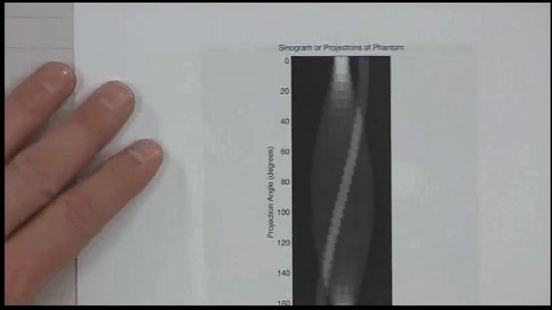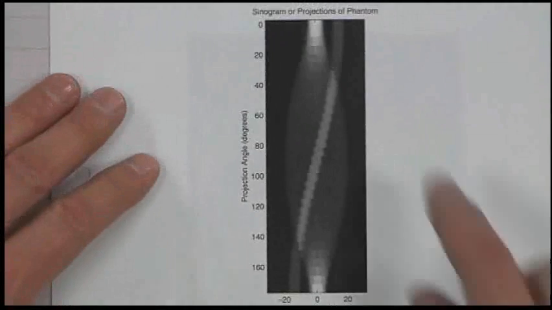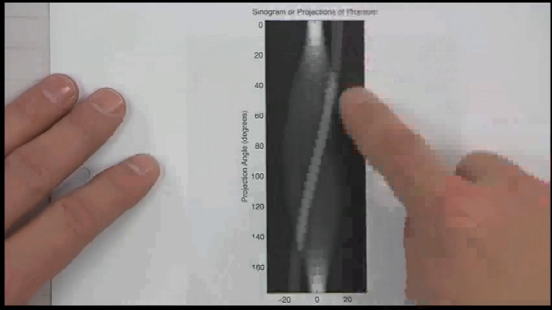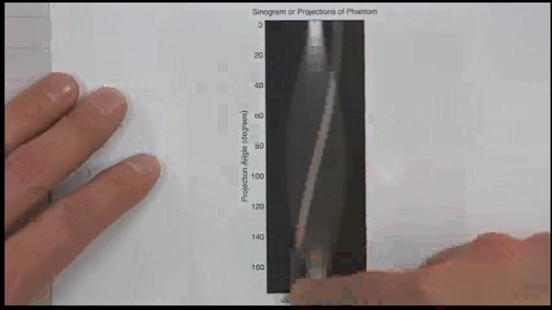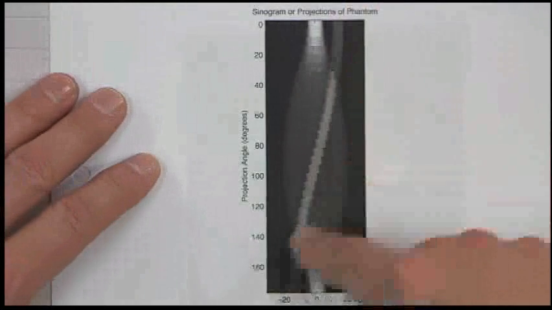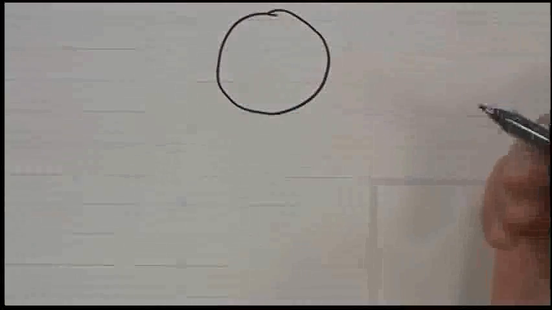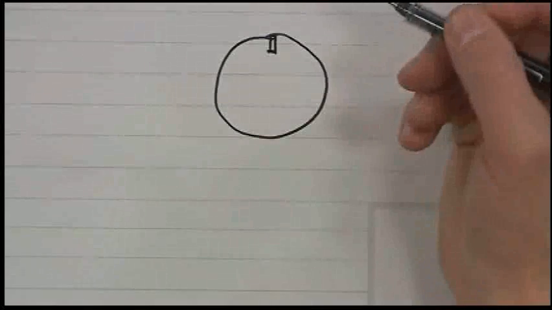Now, you notice that these make sine wave patterns, and if you went 360 degrees, it would come back again. So they call this a sinogram because a single point has a trajectory along a sine wave. I like to think of it sometimes as a bicycle wheel, with the stem on the wheel where you fill it with air.